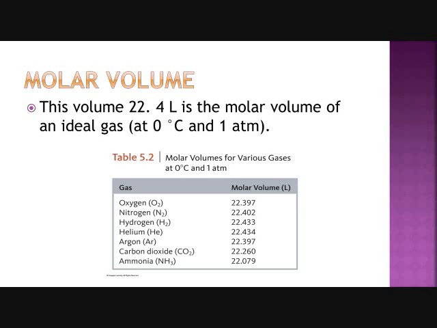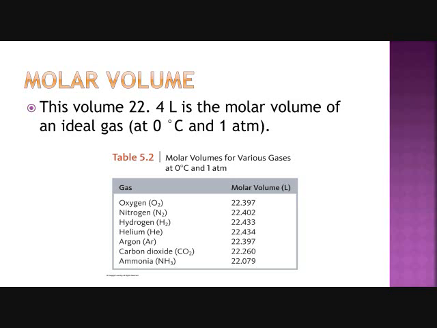So now 22.4 is kind of rounded because different gases have more exact molar volumes, and it might be a little bit different for lots of different reasons, but in general we just say that 22.4 liters is the molar volume. And does anybody remember the 0 degrees Celsius and 1 atmosphere?